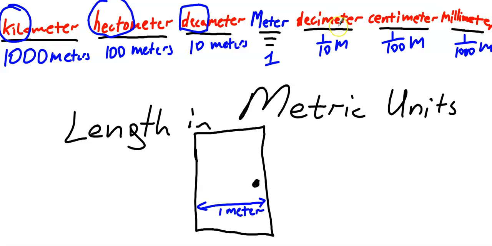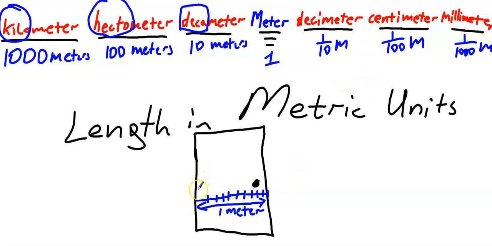So you need 10 decimeters. If you take a meter here, you need 10 of them. 1, 2, 3, 4, 5, 6, 7, 8, 9, 10. You need about 10 of these decimeters to fill up a meter.